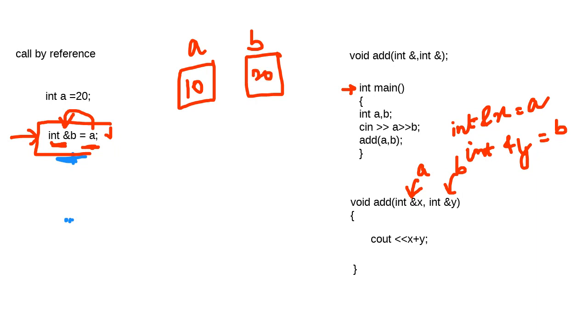Now again, add a b, call is transferred to the add function. First line implemented is int ampersand x equal to a. So what happens with this? Can you tell me? Can I say another name is given to the location a, which is x?